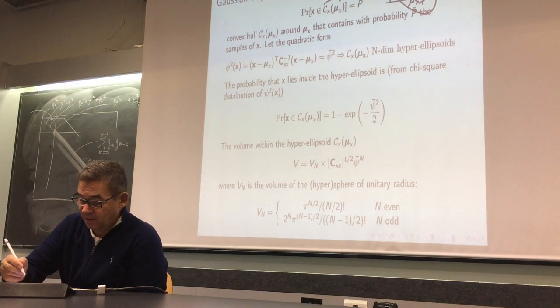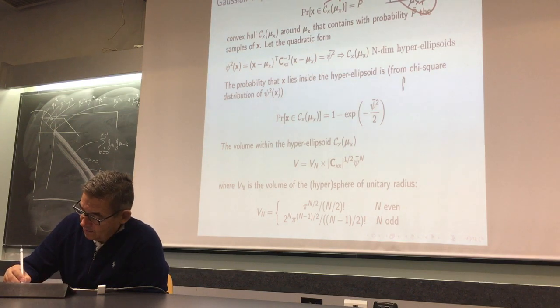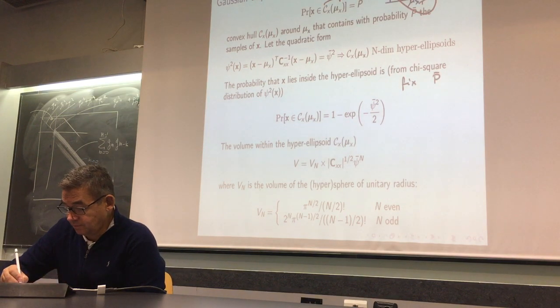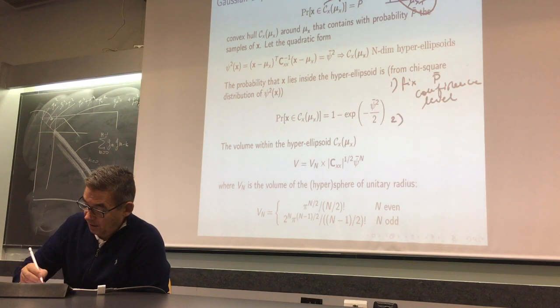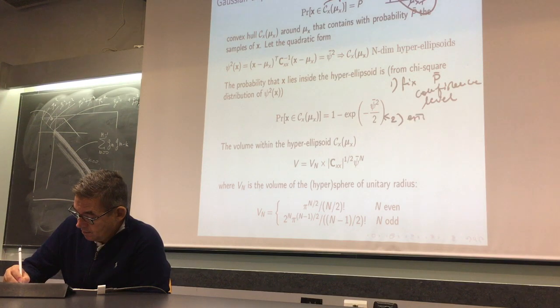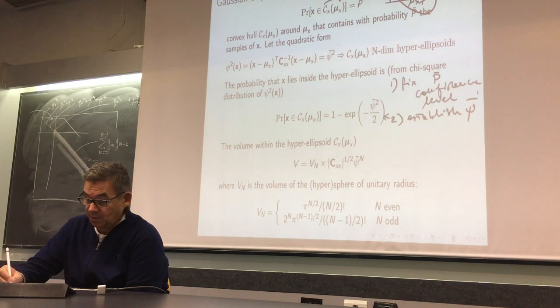So, step number 1: fix P naught, which is the level of confidence. Step number 2: establish psi naught squared.